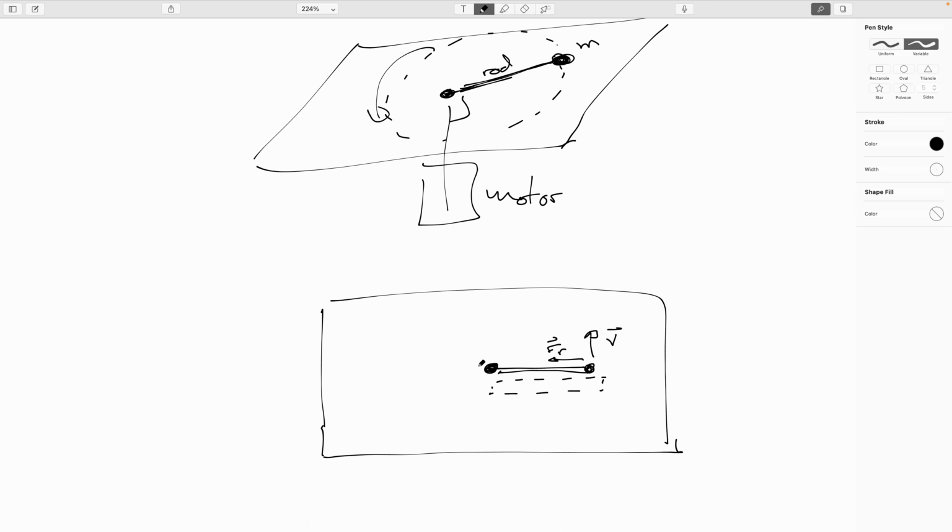As the motor picks up speed, in addition to the rod getting lengthened out, this bit will be turning faster. It will be turning at a higher angular speed than the bit out at the end here, just by a tiny bit. But that will be enough. Let me choose a more contrasty color here. Sorry about that.